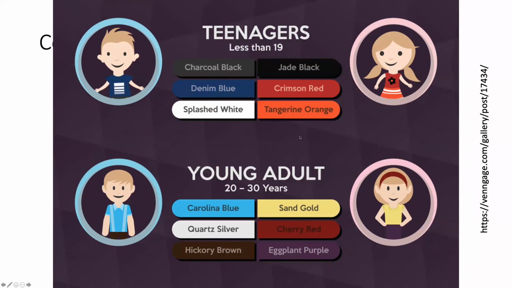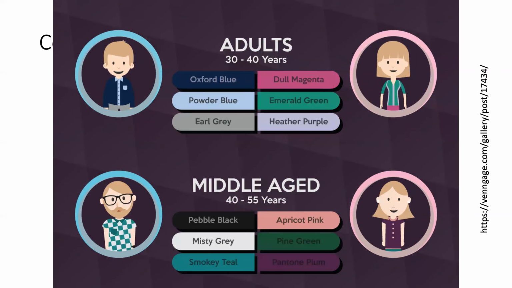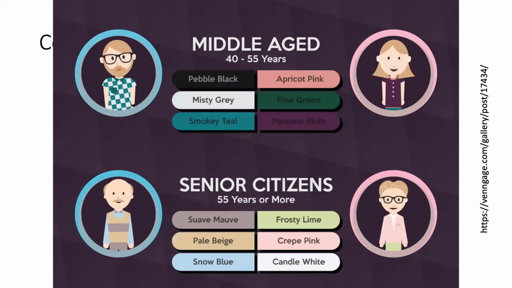Okay, so we can see that the choices change. Teenagers start to get a little darker, more intense. Young adults, Carolina blue, that's interesting. Okay, so you see adults, etc. So this could, depending on your audience, make you want to think about your colors and your pictures.